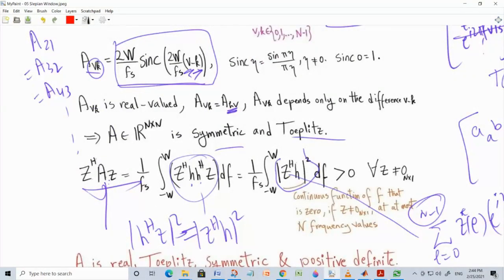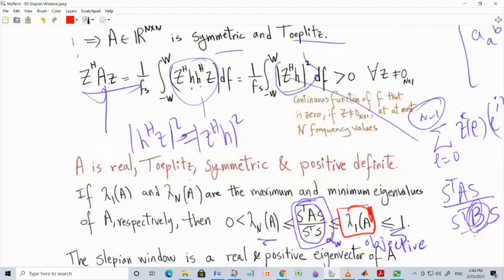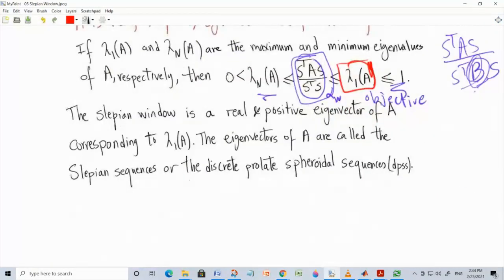That's the window that has most of its energy in the main lobe, and it has suppressed side lobes. In MATLAB, there is another name for the Slepian window, and you can use this instruction to play with this window in MATLAB.